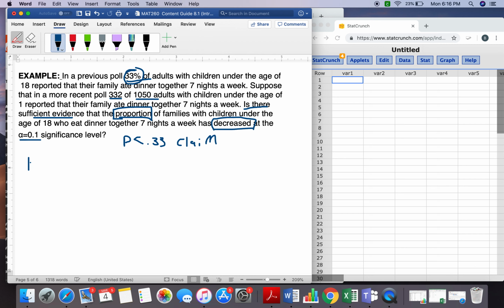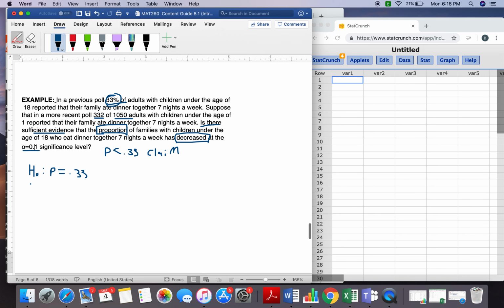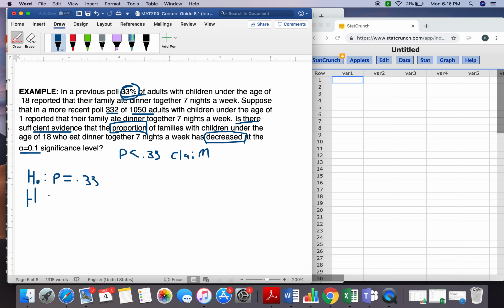So we'll write our null. Remember, our null is always going to be equal. And the alternative in this case is going to be less than, because we want to know if it decreased.